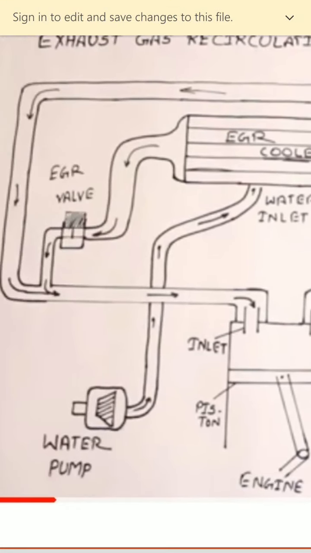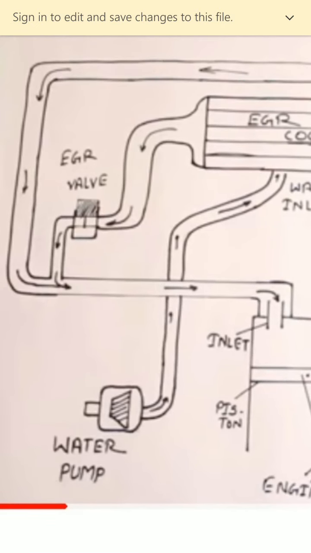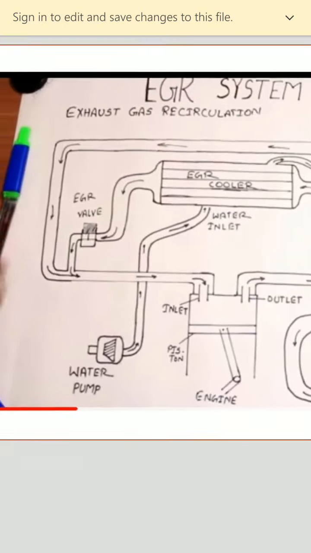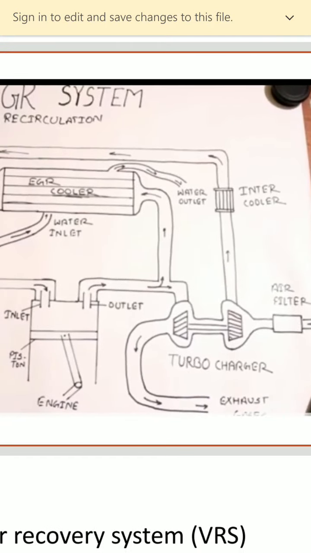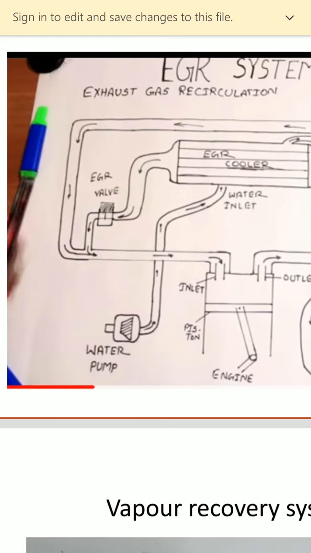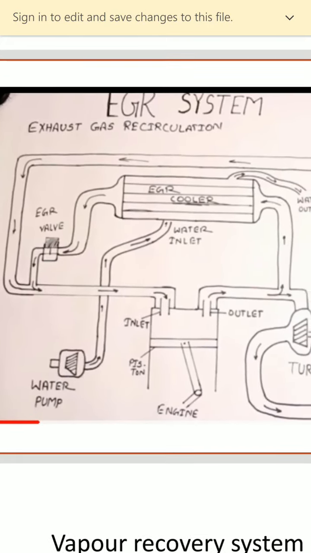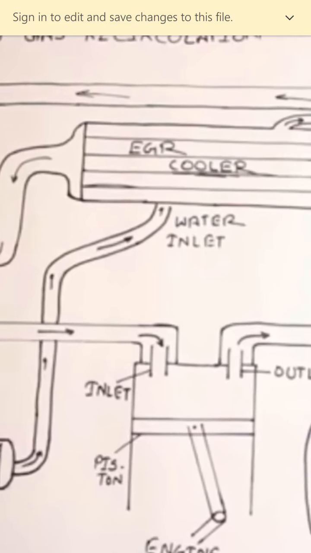Now the cooled gas enters through the EGR valve and mixes with the intercooler air. Here, the intercooler air from the air filter is 50%, and through the EGR valve it is 50%. Both mix and enter the inlet of the engine.